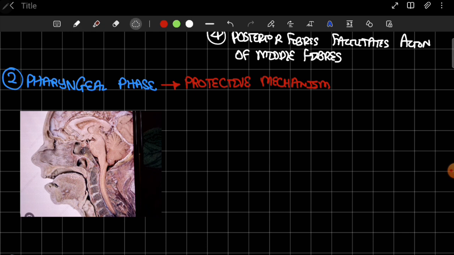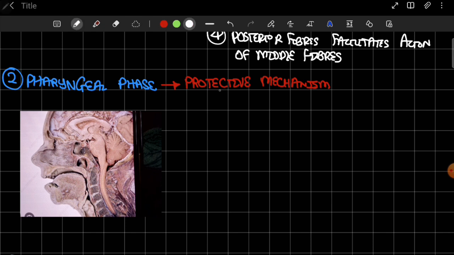At the first, this is our mouth, this is our nose, the nasal cavity, and further this is the larynx, this is the nasopharynx. If the food mistakenly goes in the nasal cavity, what will happen? It will be a dangerous situation if it persists.